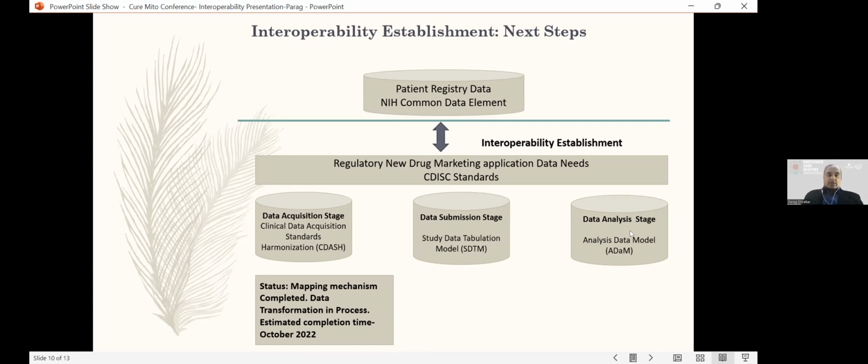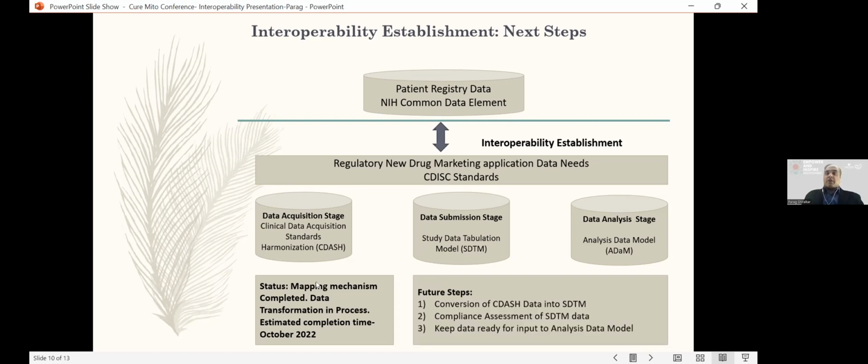As I described, the mapping mechanism is complete, data transformation is in process, and we are looking at an estimated completion of transformation of data by October 2022. So by end of next month, we should be complete with the mapping mechanism as well as the data being mapped in C-dash. So our next step now is to convert this C-dash data with STTM.